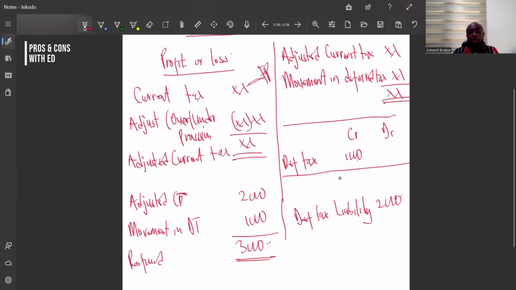So basically, this is the idea of the deferred taxes and the current taxes. If I want to recognize in my P&L, I'll just recognize this tax liability of 3,000 in my P&L or the income statement.